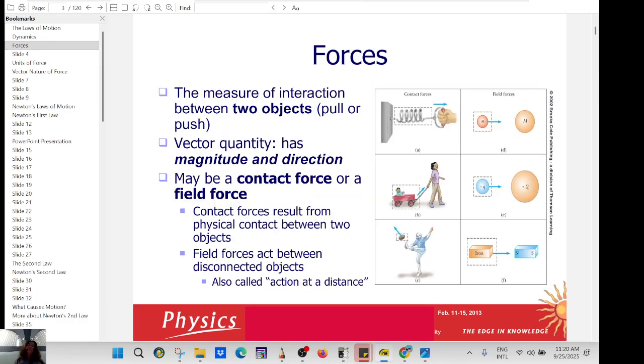Okay, so forces, you have different kinds of forces. You have contact forces, right? They need to be touched. And then you have forces at a distance that happen when you have some kind of field. For example, on Earth, we have a gravitational field. The Earth is generating an aura. We call that the gravitational field.